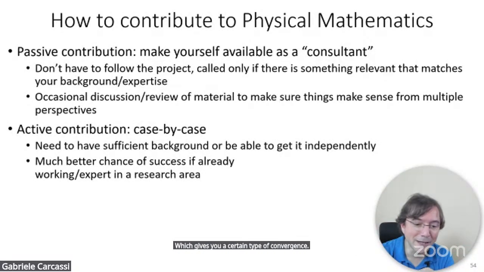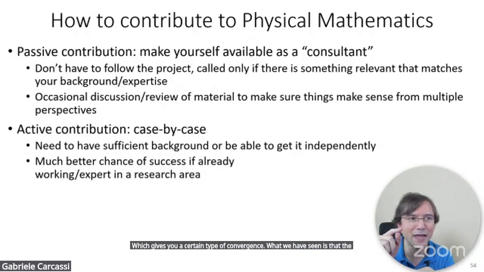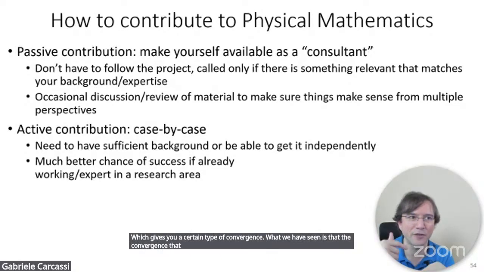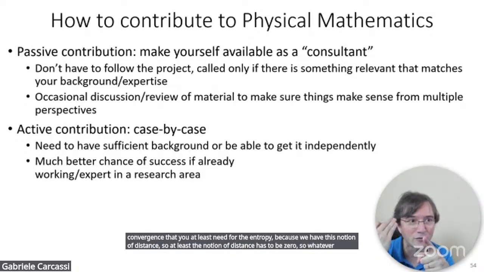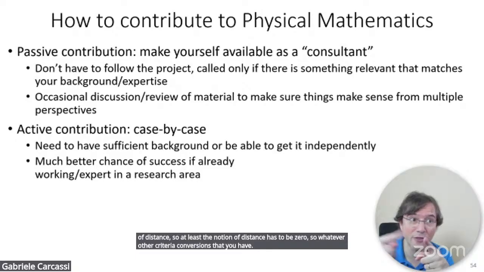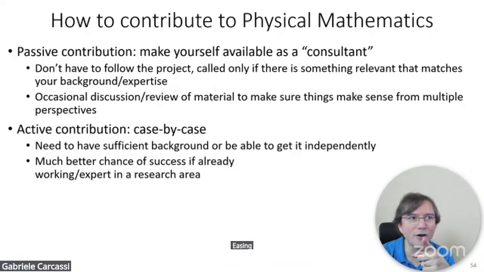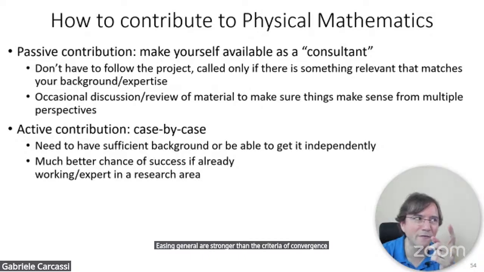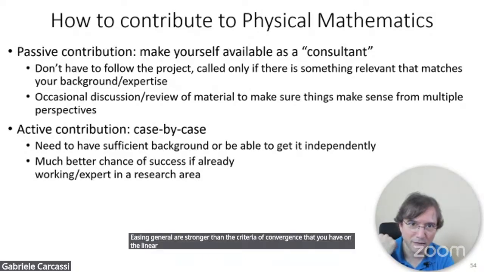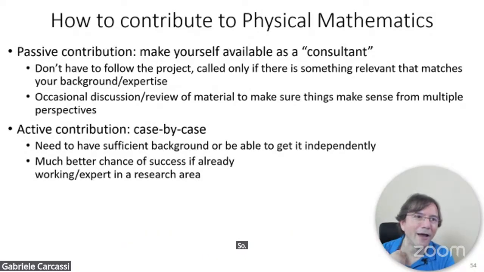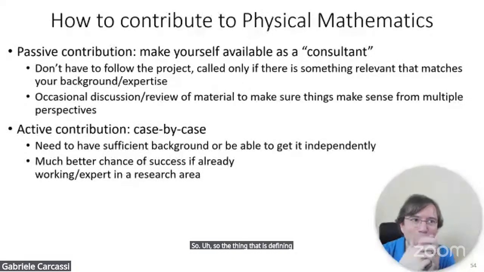What we have seen is that the convergence that you at least need for the entropy, because we have this notion of distance, so at least the notion of distance has to go to zero. Whatever other criteria of convergence you have, the one that tells you that the entropy goes to zero is in general stronger than the criteria of convergence that you have on the linear functionals themselves.